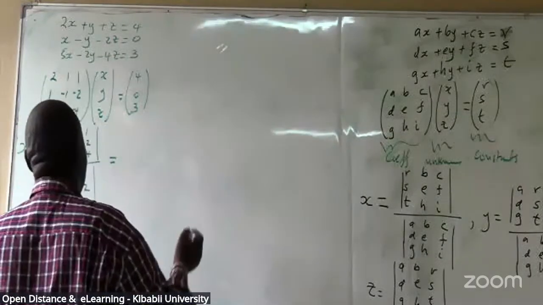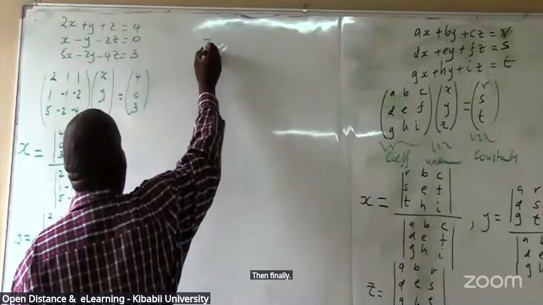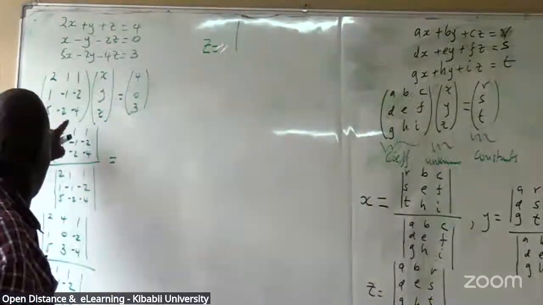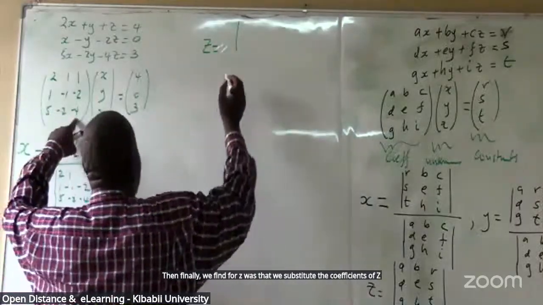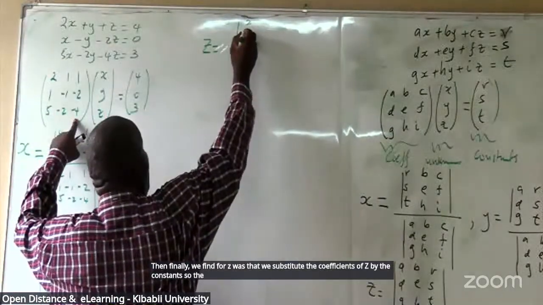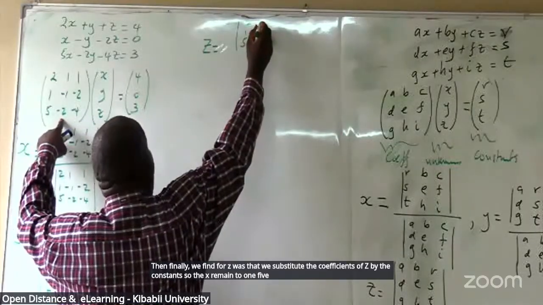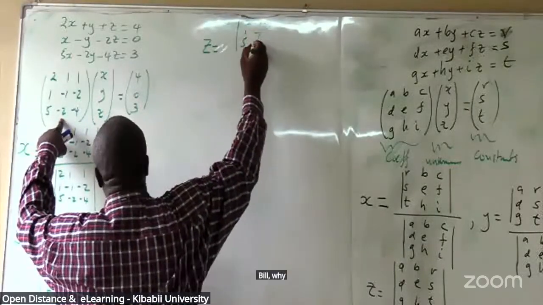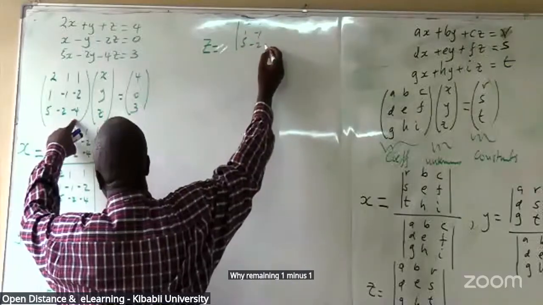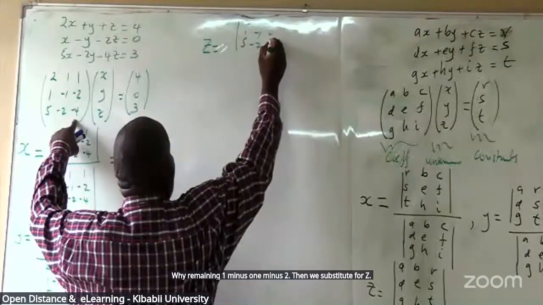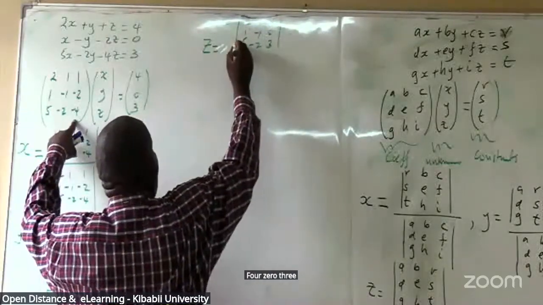Then finally, we find for z. We substitute the coefficients of z by the constants. So the x remain 2, 1, 5. The y remain 1, minus 1, minus 2. Then for z we substitute 4, 0, 3.